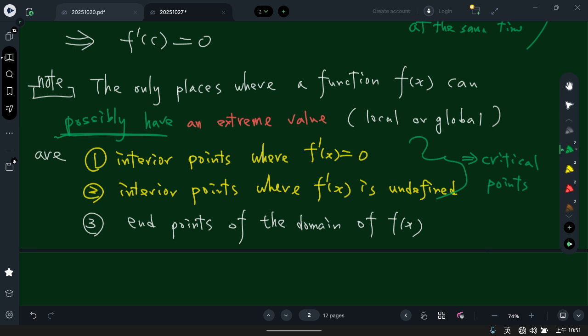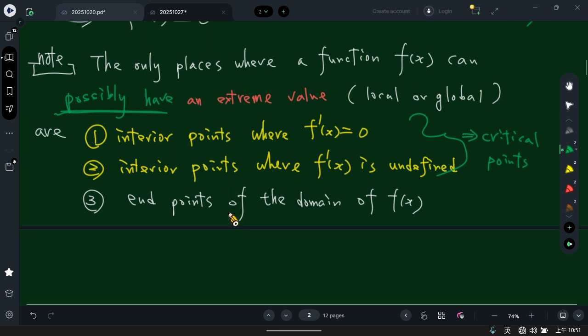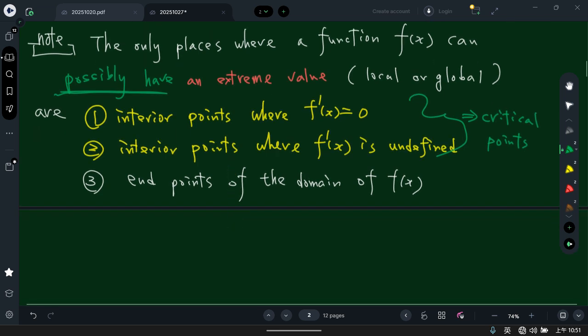So you can just use these points as your candidates. If one of the 3 conditions happens, this point can possibly have an extreme value, but not guaranteed. Okay, so this is note 1.